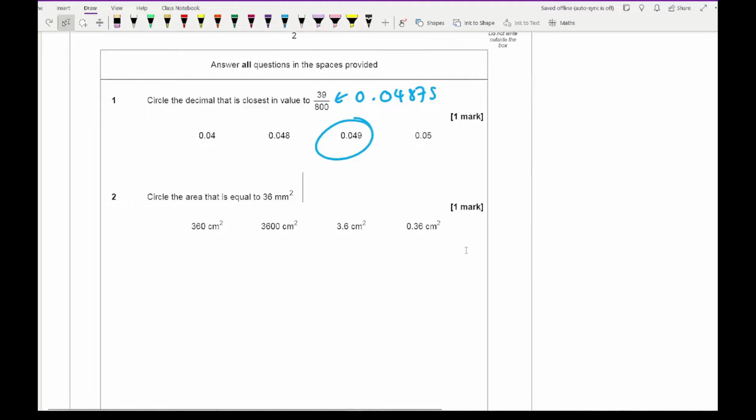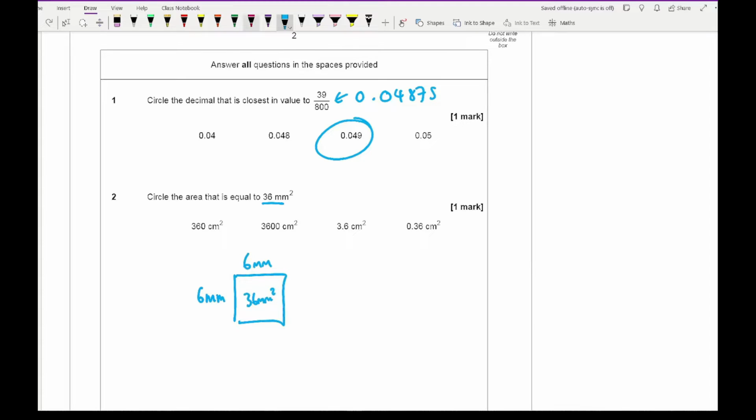Then moving on to question 2, it says circle the area that is equal to 36 millimeters squared, and all we've got is centimeters squared. With these area conversions, I would always recommend you think of two numbers that multiply to give you 36. So you could have 6 millimeters by 6 millimeters if we just had a square, and that would give us 36 millimeters squared.